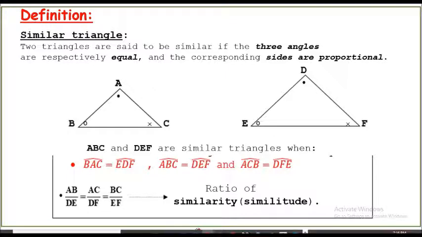So ABC and DEF are similar triangles when BAC is equal to EDF, ABC is equal to the angle DEF, and ACB is equal to the angle DFE. And as we illustrated in the activities, we will have the ratio of similarity, which is AB over DE is equal to AC over DF is equal to BC over EF, which will be equal to K.